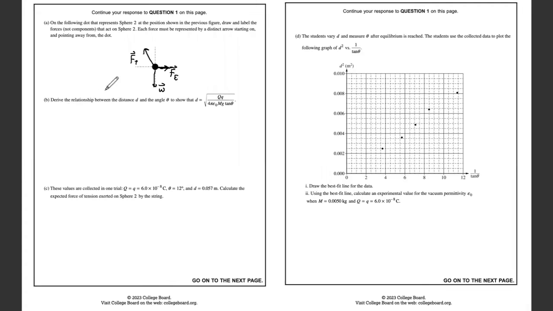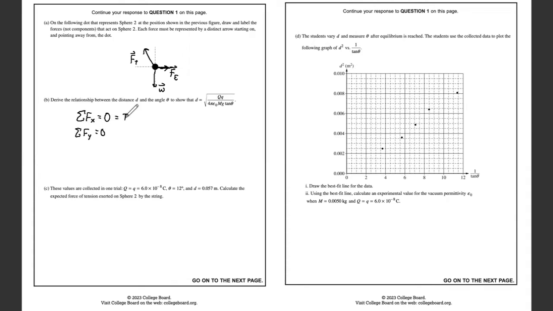All right, part B says to derive an expression between distance and angle, and then we're given the actual equation we're trying to find, which is good because we're going to need it for the rest of the problem. We just drew a free body diagram, so you can probably guess that we're going to be using Newton's second law equations. Sum of all x components of forces is zero, likewise with the y components.